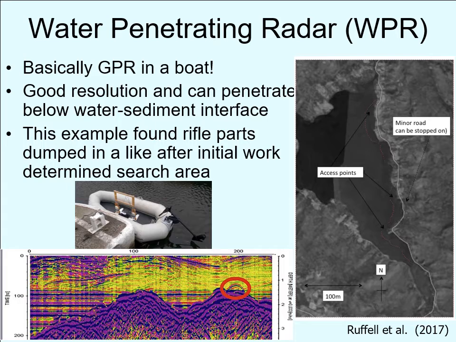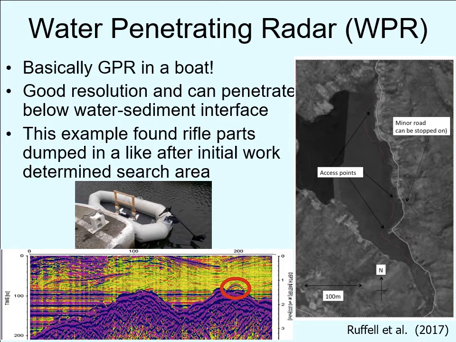We talked about GPR in the terrestrial talk, but you can get water-penetrating radar, which is basically radar in a boat. This is again from Alice's papers. You can see the dinghy with an electric motor at the back to keep it relatively quiet, with the radar system in the dinghy itself, collecting data.